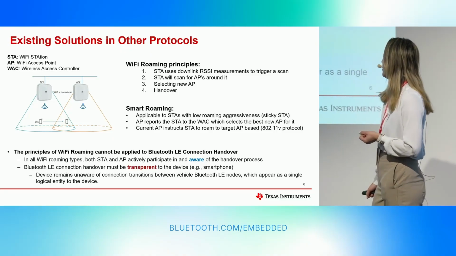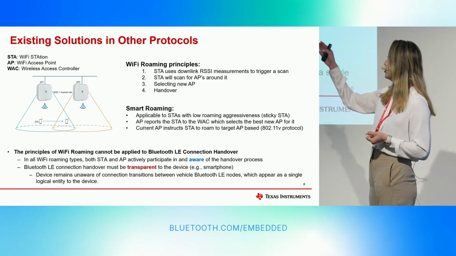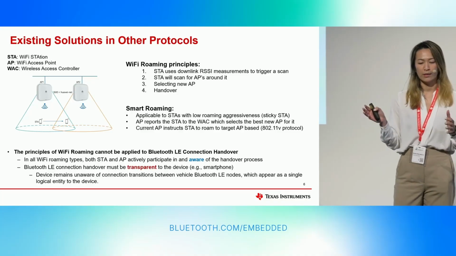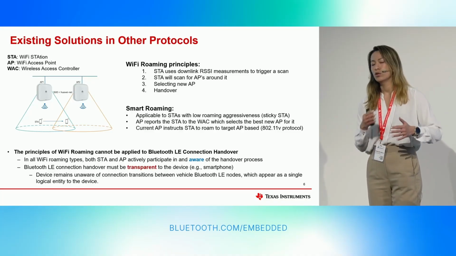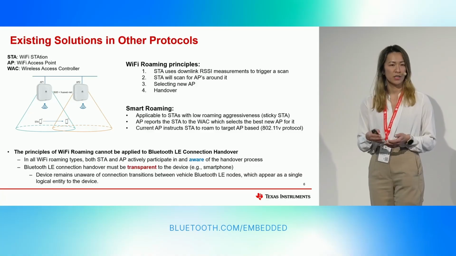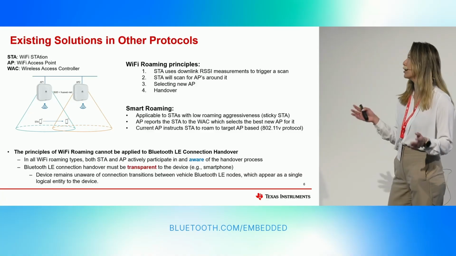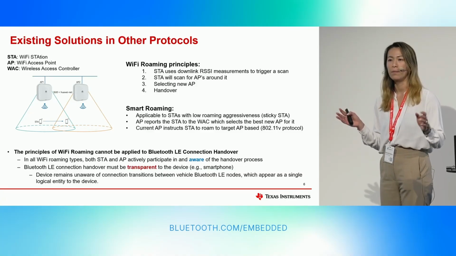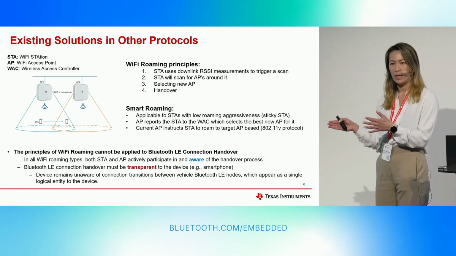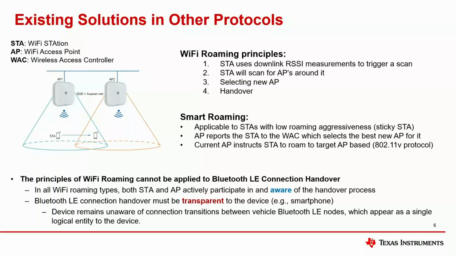Basically, your station will use the downlink RSSI to check whether I'm having good enough signal or not. And then if it's not good enough, you will actively search for a better signal and then do the handover. That was also participated by the access point as well.